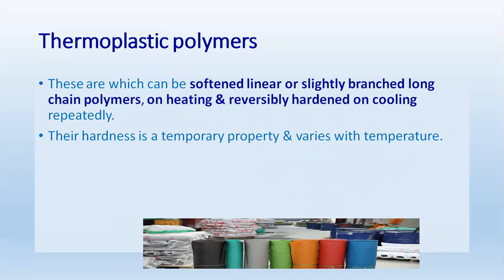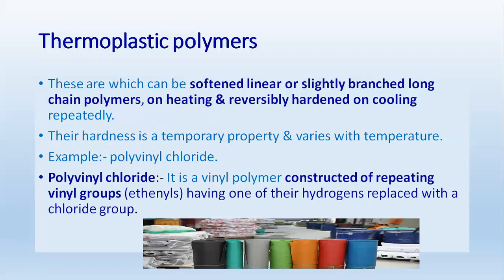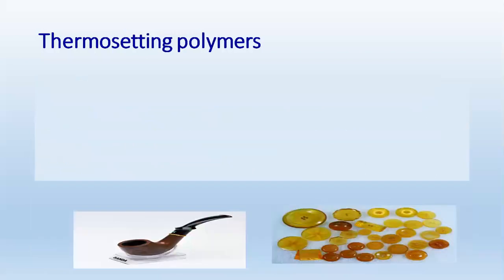Their hardness is a temporary property that varies with temperature. For example, polyvinyl chloride, a polymer constructed of repeating vinyl groups having one of their hydrogens replaced with a chloride group.